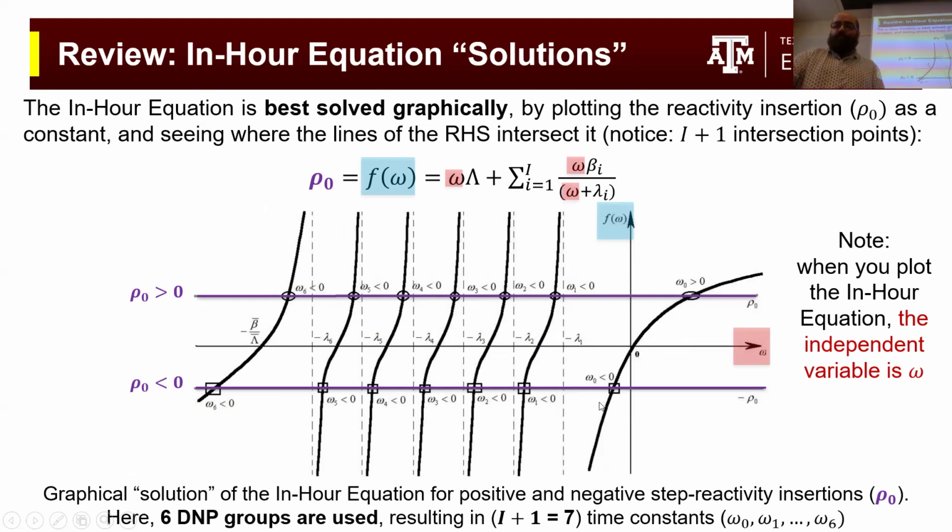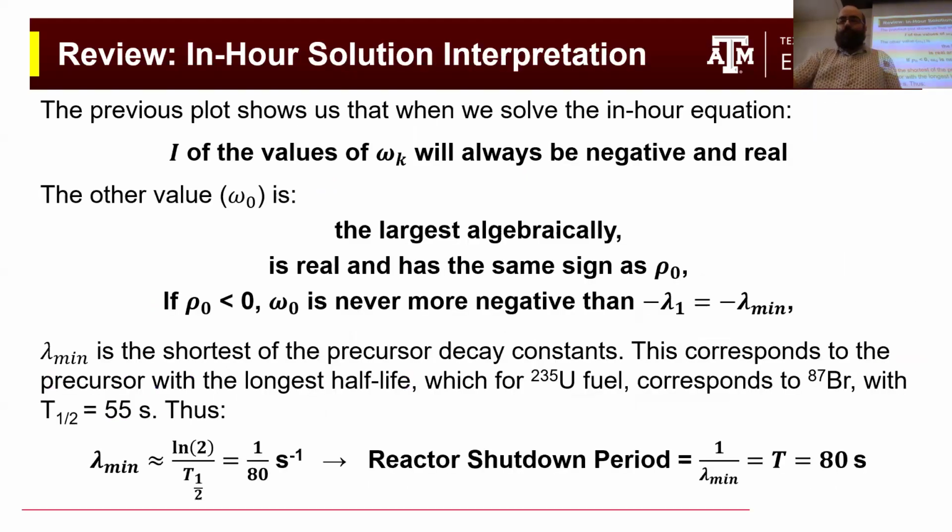Notice how if this horizontal line goes down, then the value of this time constant omega zero is going to get closer and closer to this horizontal asymptote, which corresponds to negative lambda one. So that's why we're saying that omega zero is bounded by negative lambda one.